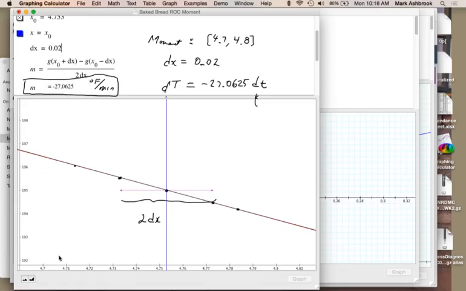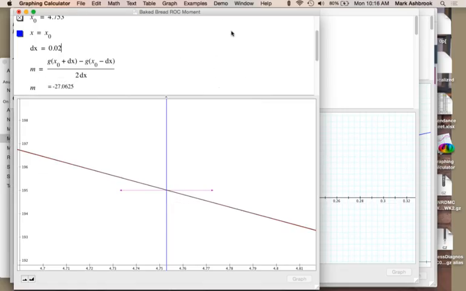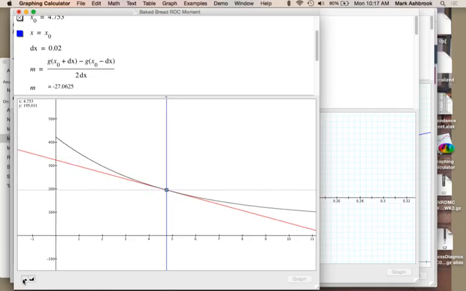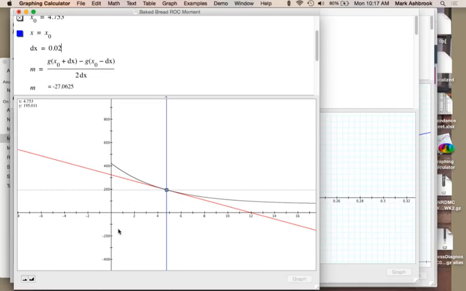So for this bread function, are there any moments where we don't have rate of change in a moment? What do you think?